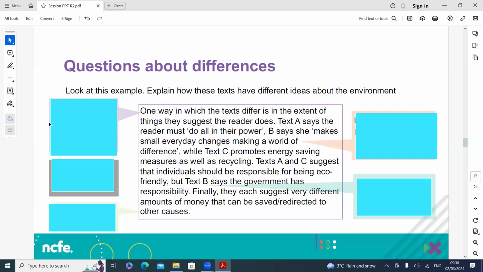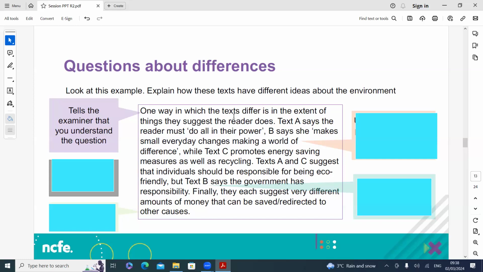So what have they done straight away at the beginning? What have they shown the examiner? One way in which the texts differ is... they show that they understand the question. Good. So the way they've started their answer has shown that they understand what they are expected to do. Talk about how the texts are different. One way in which the texts differ.